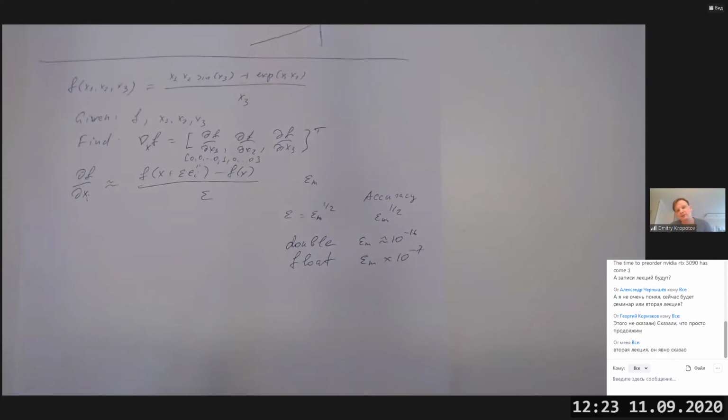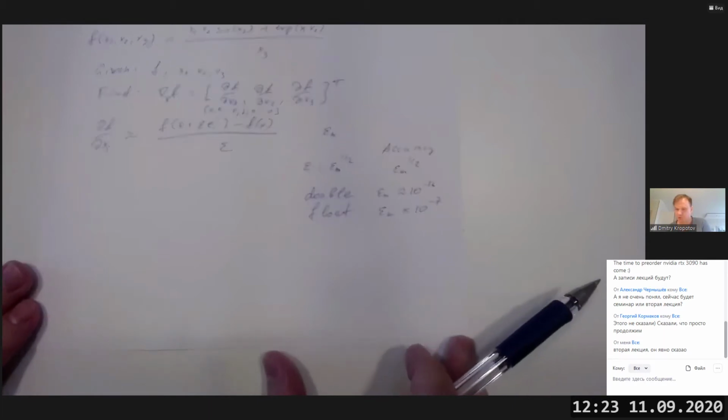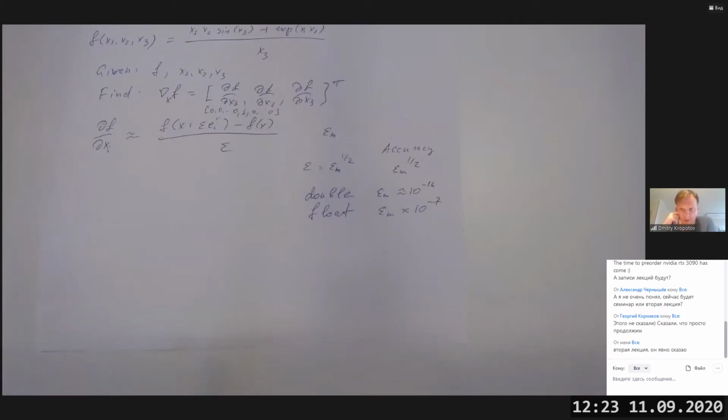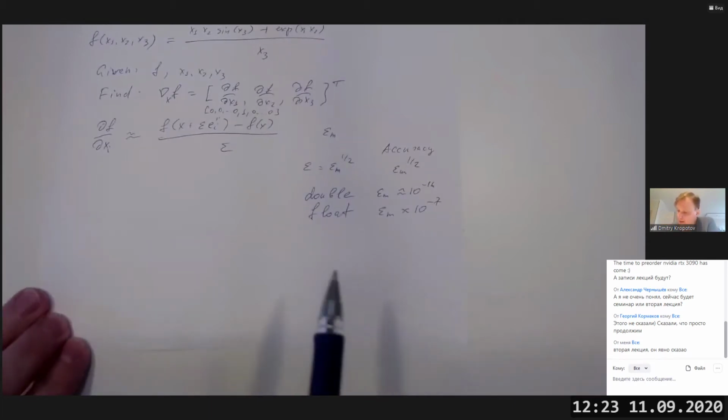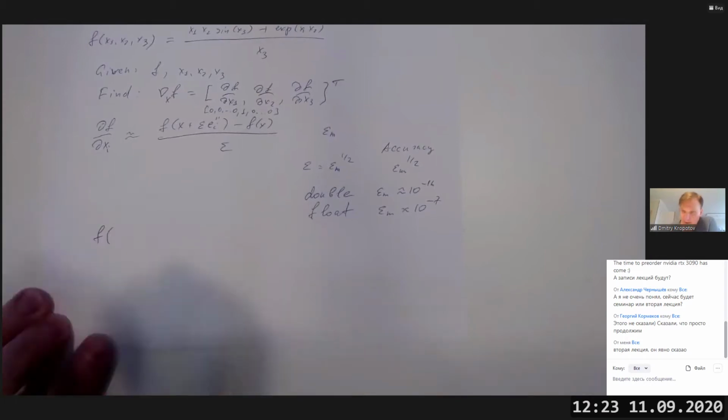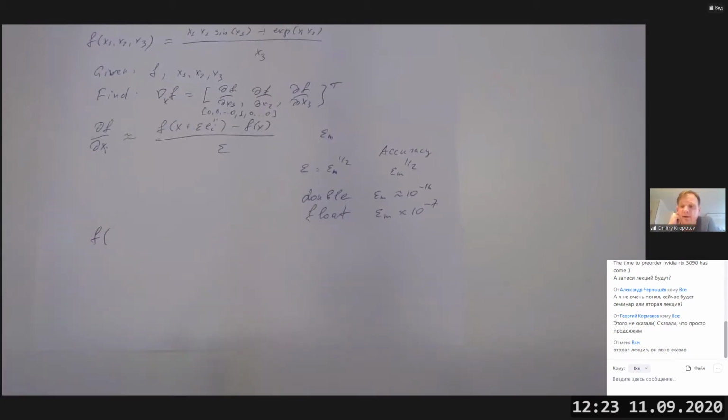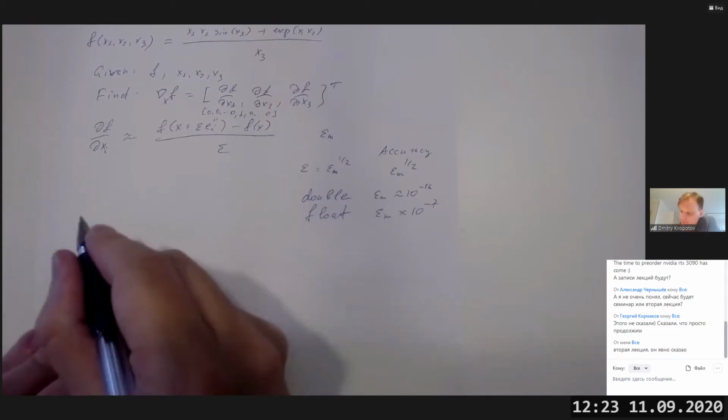However, it is possible to calculate a finite difference in a more accurate way, and I'll show you how we can do this. Again, all finite difference derivations come from a Taylor expansion of our function in the vicinity of the current point x.